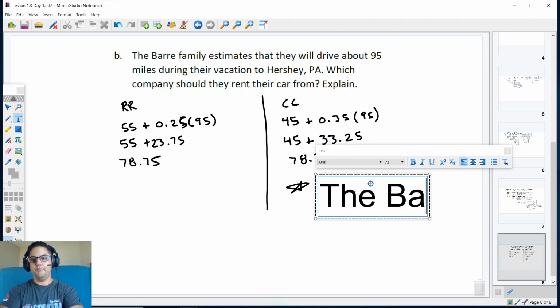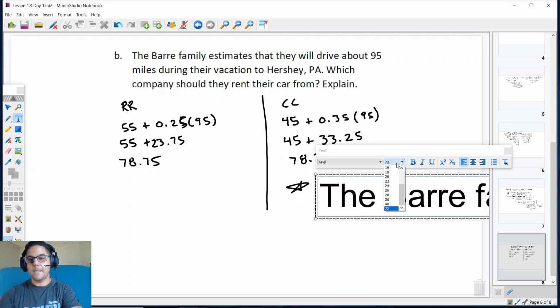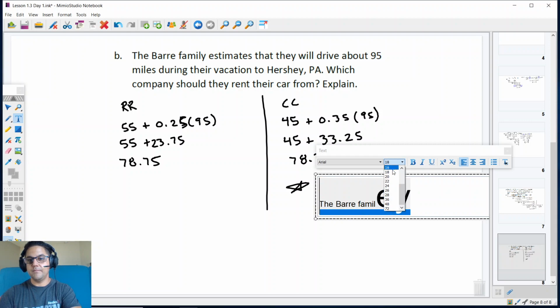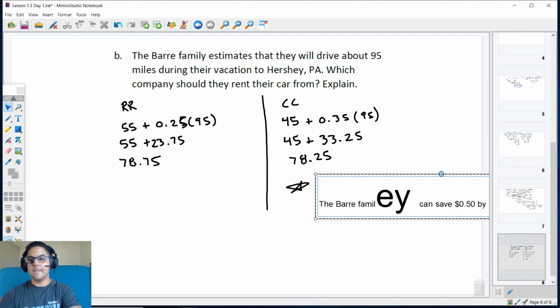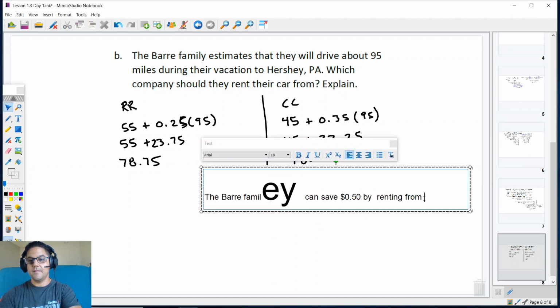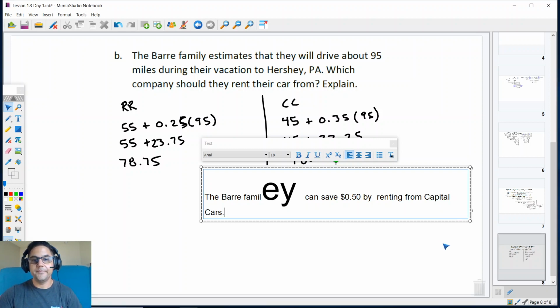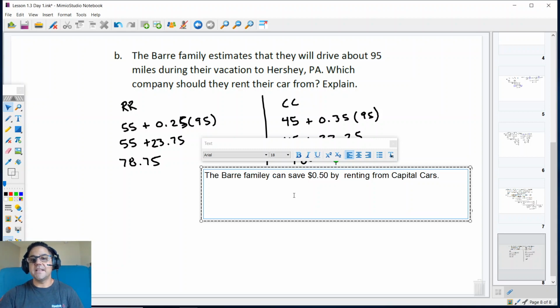The Barr family can save 75 cents by renting from Capital Cars. Something simple like that.